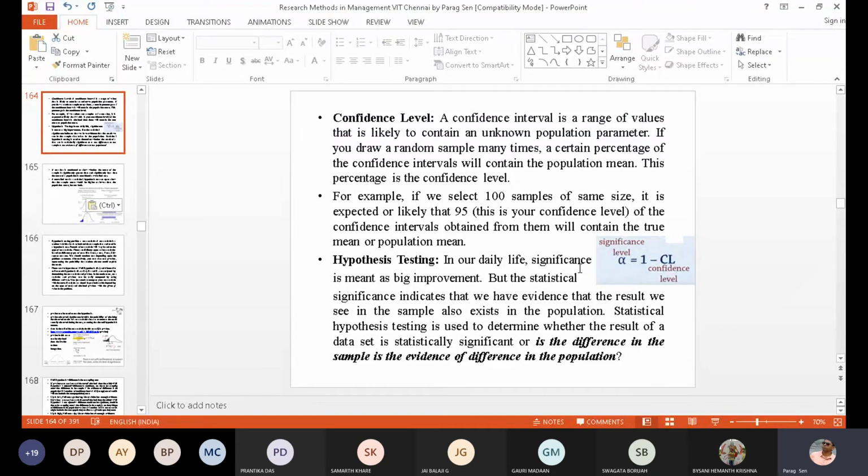Okay, so hypothesis testing provides you the idea of the population at a particular confidence.